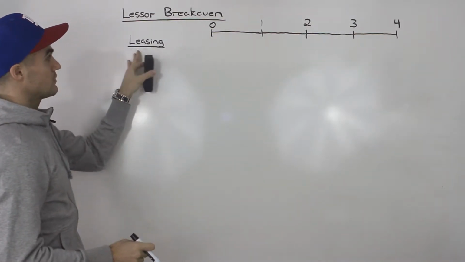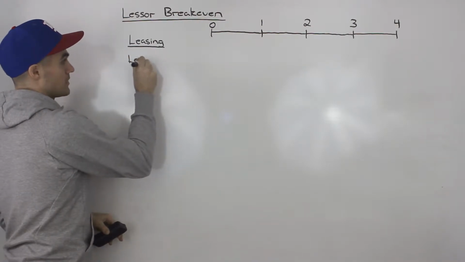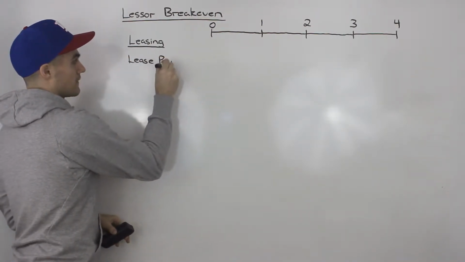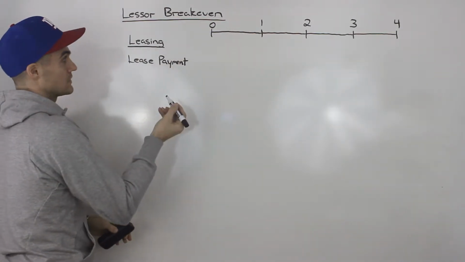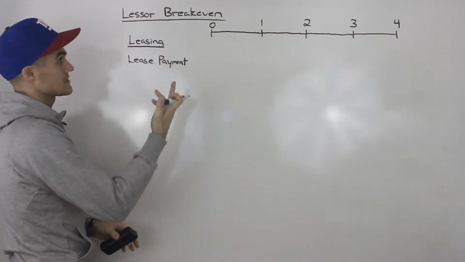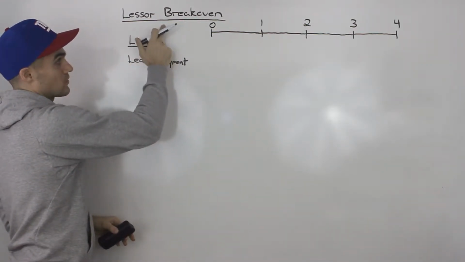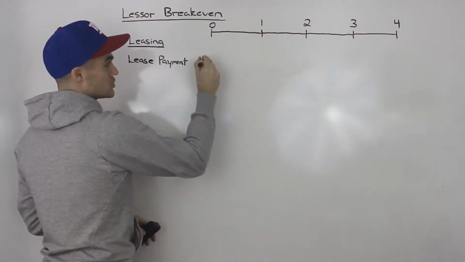So starting off with the leasing section, if you remember, we have the lease payment. And in this case, we're going to be solving for the lease payment, the break-even lease payment. And we said the lease payment is going to be X for the lessor break-even. And the lease payments are happening at the beginning of each year for 4 years.